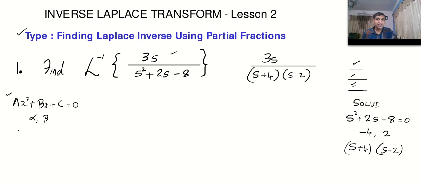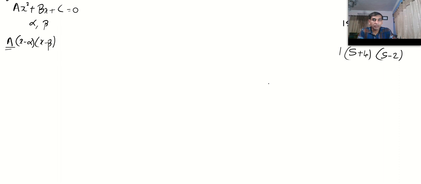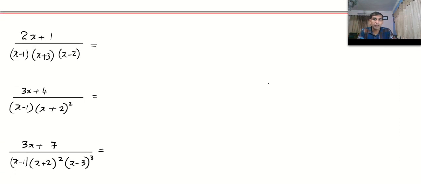So the factorized version will be a multiplied by x minus alpha times x minus beta. Here the value of a is 1, so we simply write s plus 4, s minus 2. But in general, don't forget this a multiplied by x minus alpha, x minus beta. Anyway, this is type 1. I'll show you the difference between type 1, type 2 and type 3.